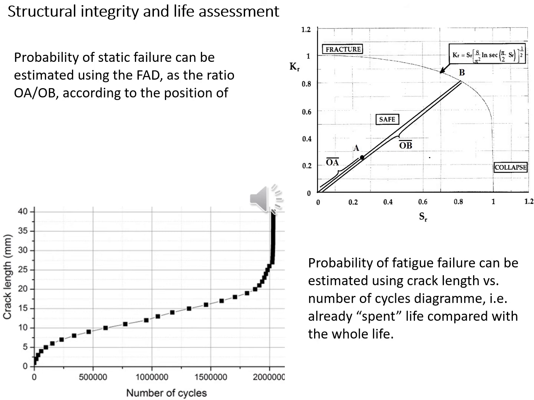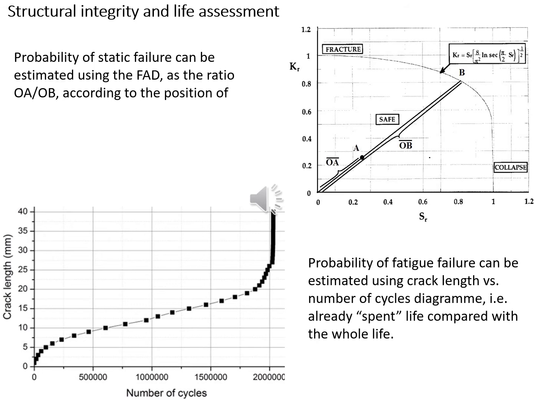For that, we used the failure assessment diagram, a simple engineering tool, and we defined probability as the ratio between the distance from the service point to the zero, this is OA, and the total distance that this service point would have if its loading was increased up to the critical value, which would be point B at the limit curve.